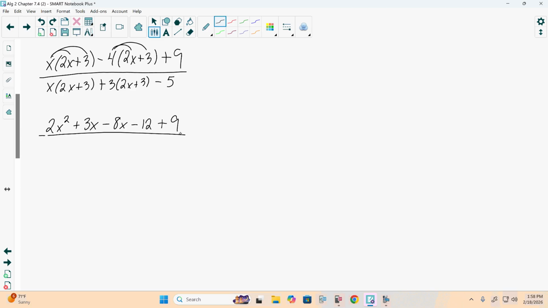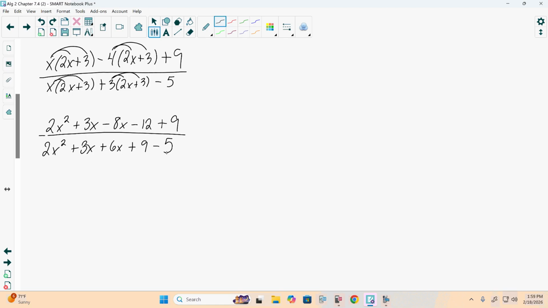On bottom, x times 2x is 2x squared. X times 3 is plus 3x. Positive 3 times 2x is plus 6x. 3 times 3 is plus 9, minus 5.